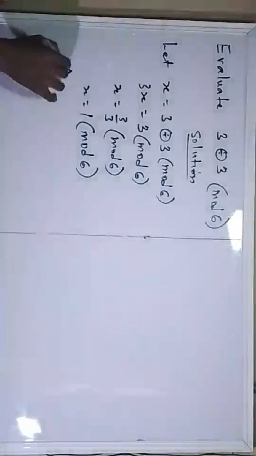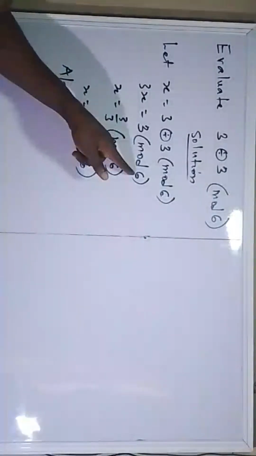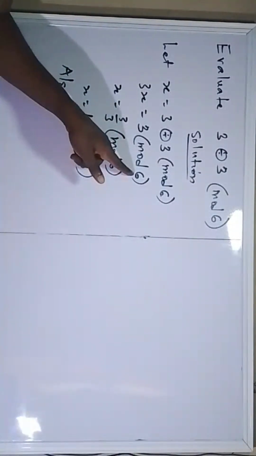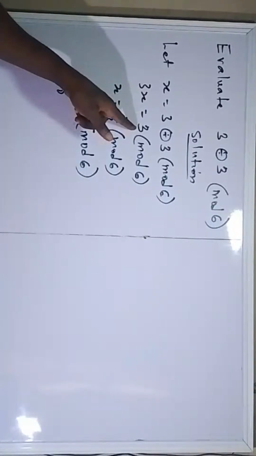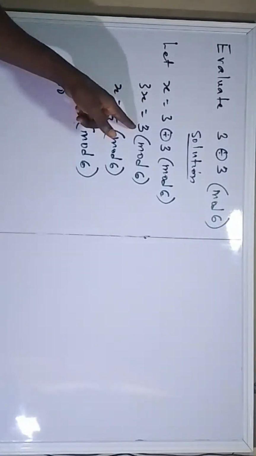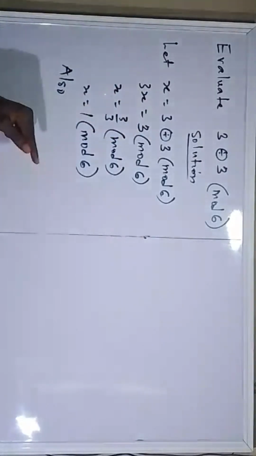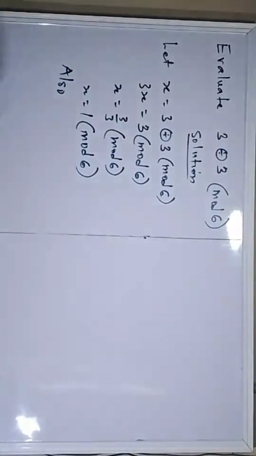Now you also have to check. You add multiples of this modulus to the value we have here and check if 3 can go into it. If it can, be sure it's not the answer you have gotten before. If it is the answer you have gotten before, that means there's no other solution.